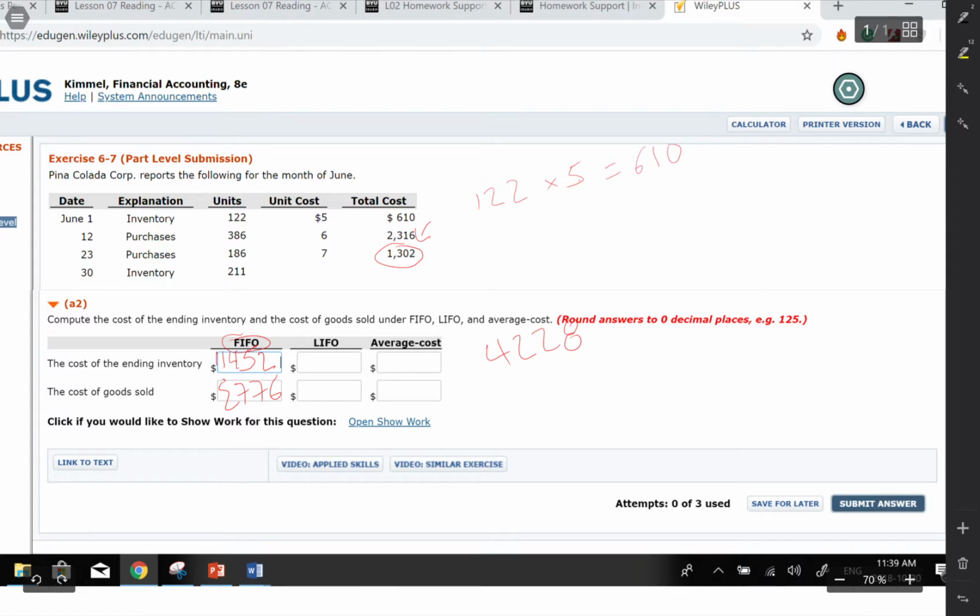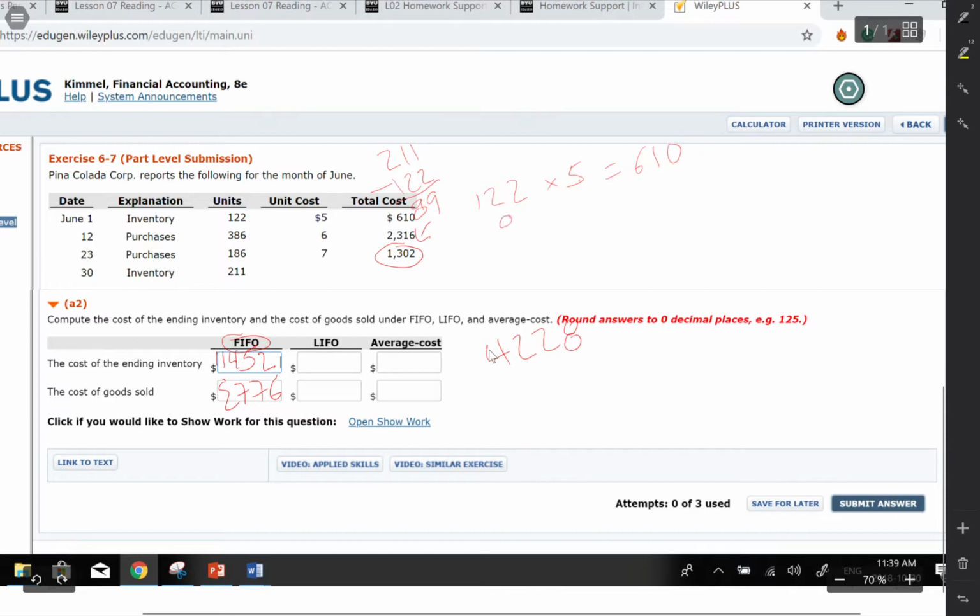And then the remaining 89 units. So 211 minus 122 that we already have from the first inventory, that totals 89 units coming from the purchases done on June the 12th.